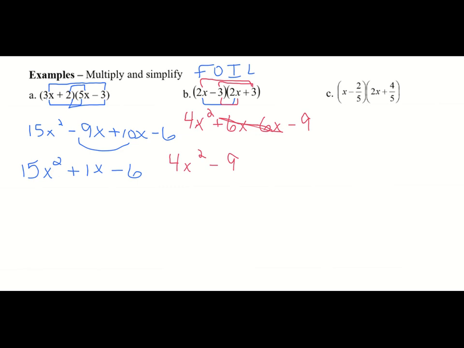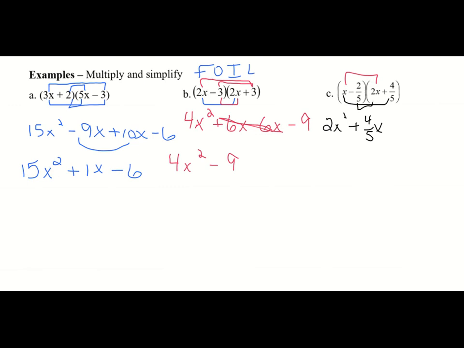All right, let's look at our last one to FOIL, at least on this page. We're going to start off with our first terms, and that's x times 2x. So we're going to get 2x squared, and then x times 4/5, so it's going to be plus 4/5 x.